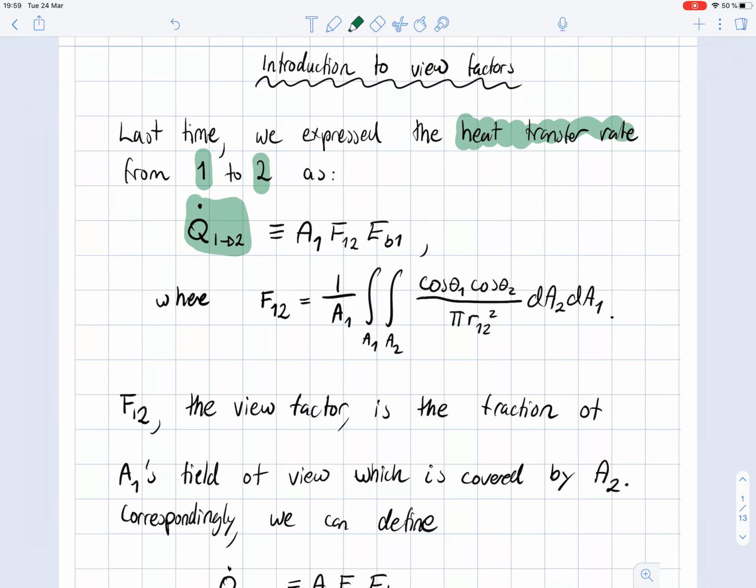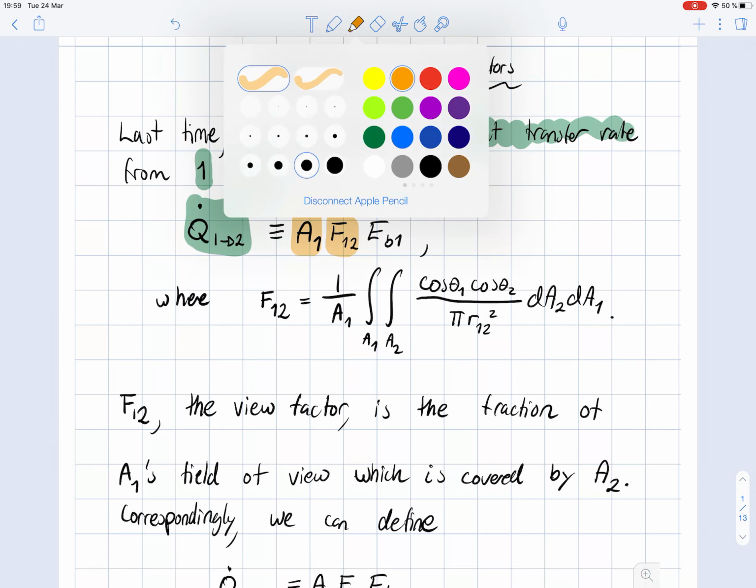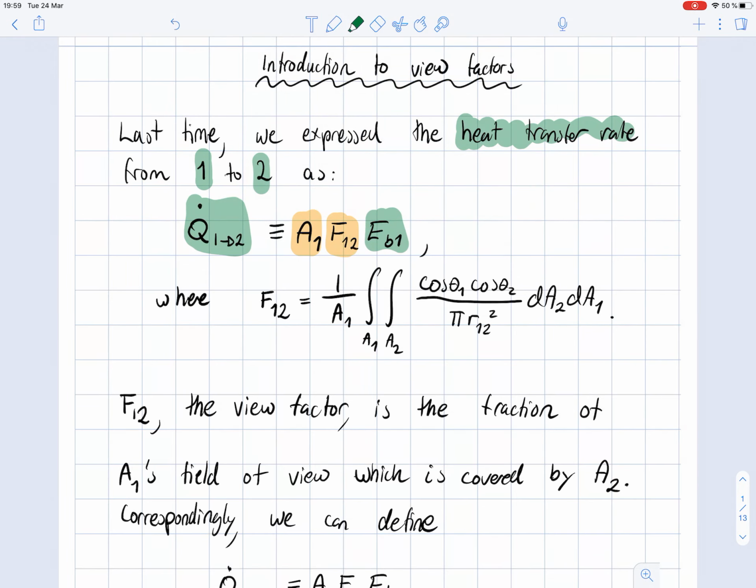We showed that this is dependent upon the area of your surface. Then we had this symbol F12, which is the view factor, which we will come back to. And finally, we have this EB1, which is the black body emission from that specific surface, or from a black body that has the same temperature as that surface.